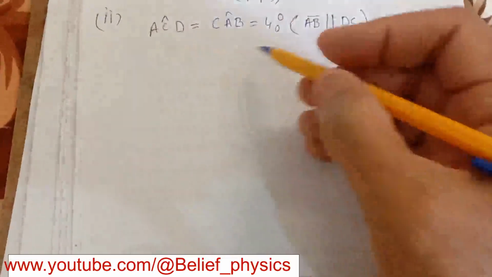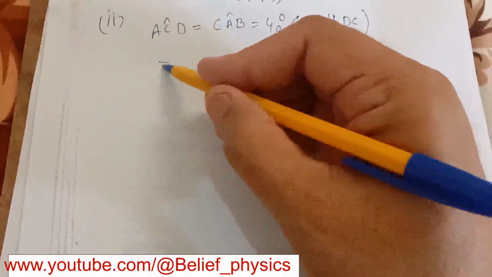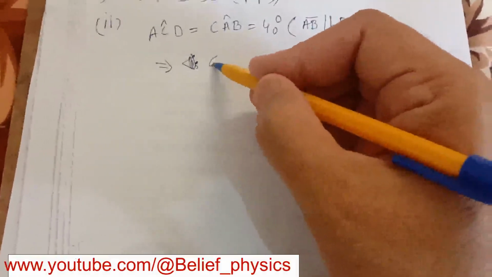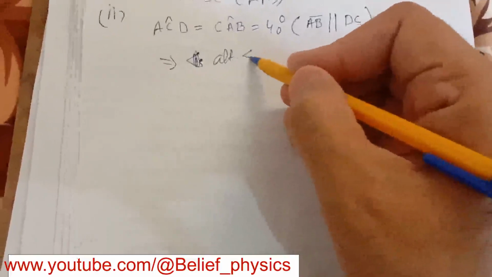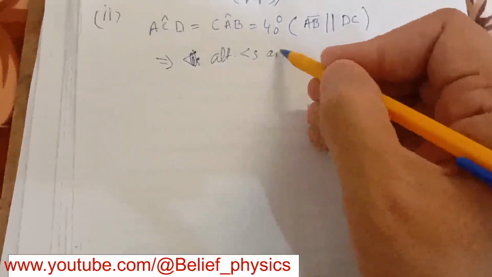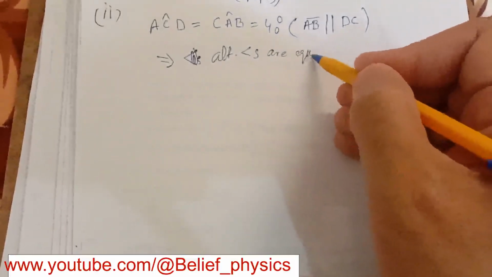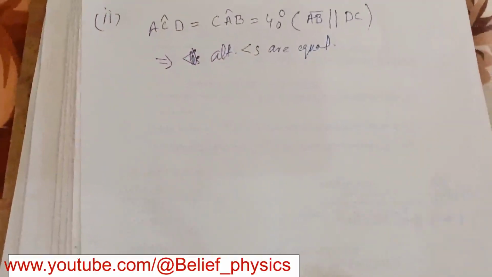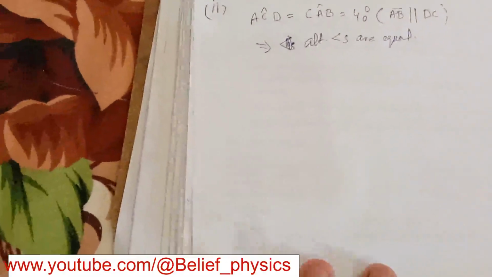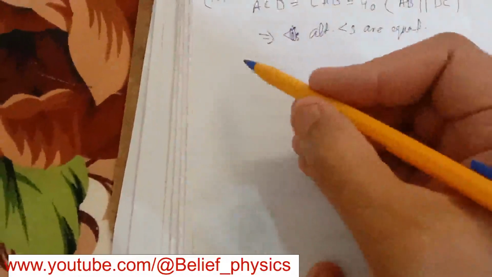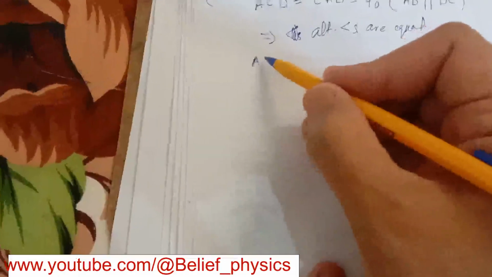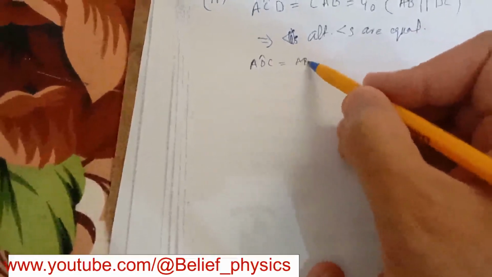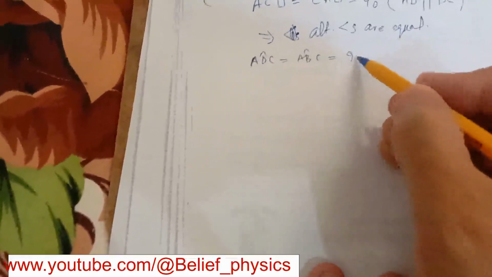Because alternate angles are equal, therefore these should be parallel. Also we have shown in the previous part that angle ADC is equal to angle ABC is equal to 90 degrees.